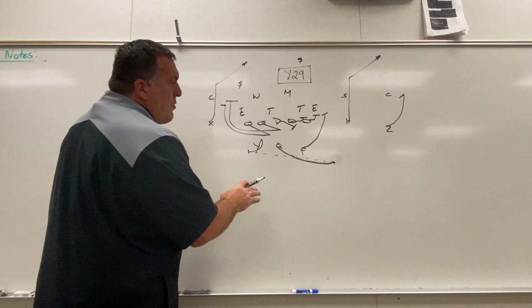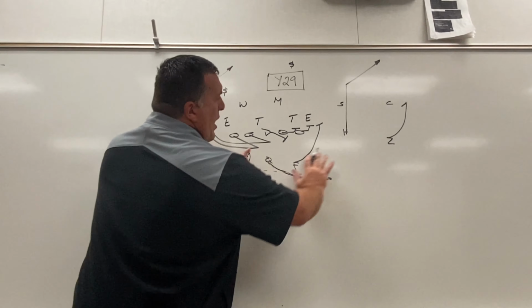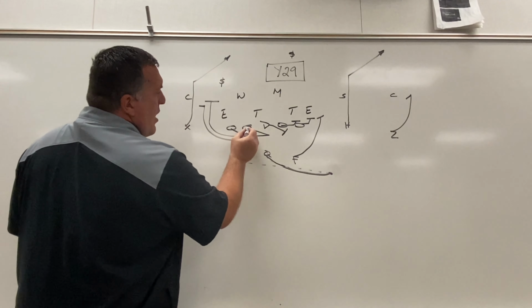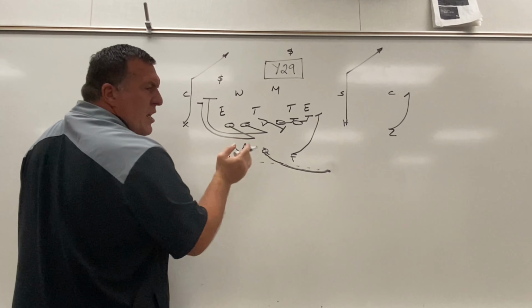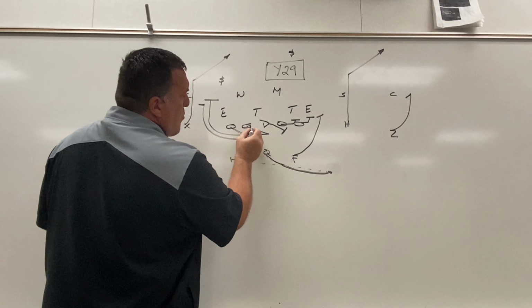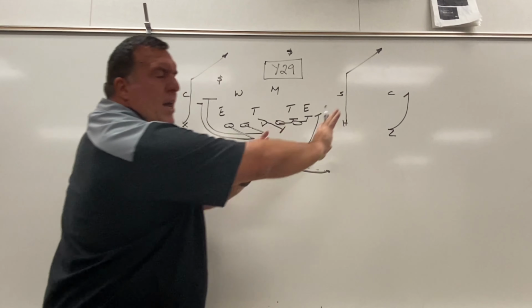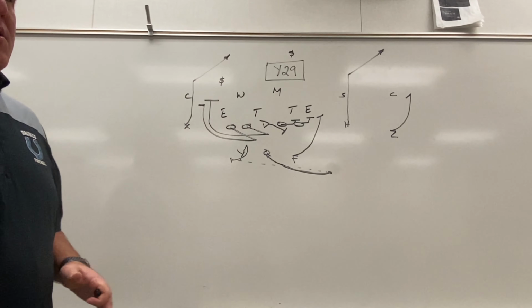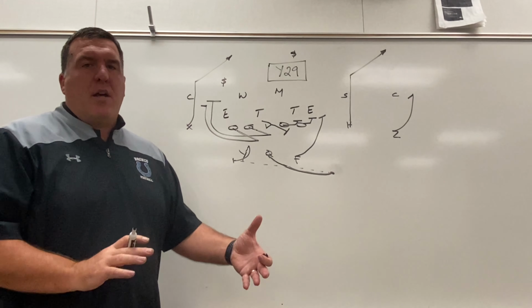But what we end up doing with it when we do that play is that the backside guard and tackle do a hinge technique where they get off the ball and protect the backside of the quarterback as he rolls out. Well, now what we're trying to do is the screen off of it.